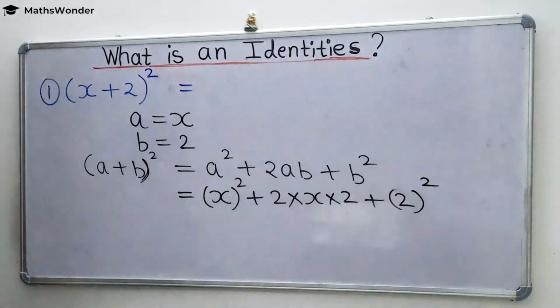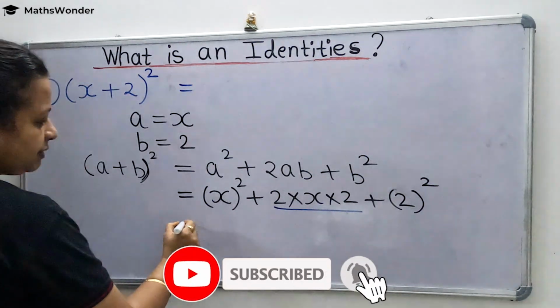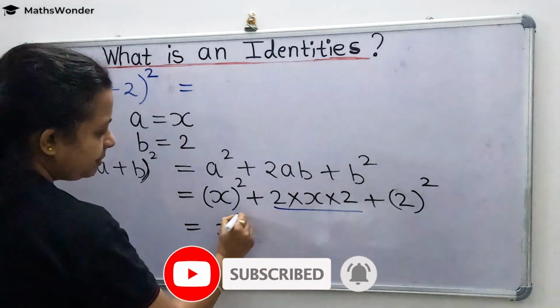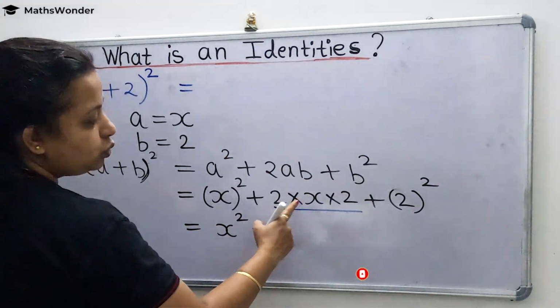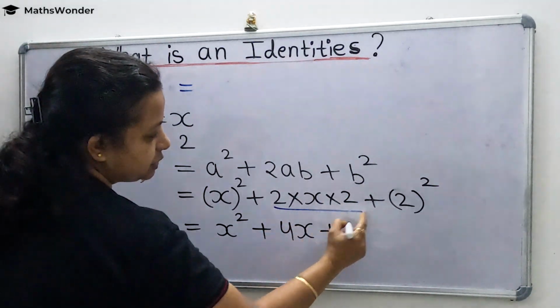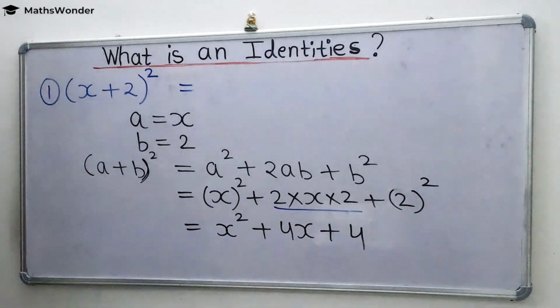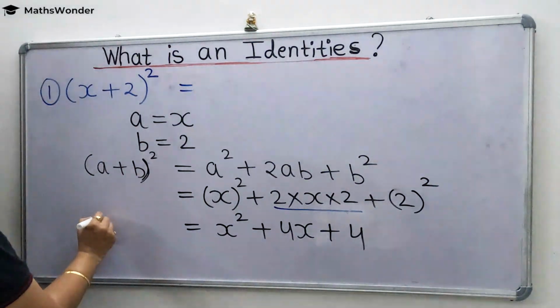Now simplify this. So A square will be x square, plus 2 times x times 2 will be 4x, right? Plus 2 square is 4. This is your answer.